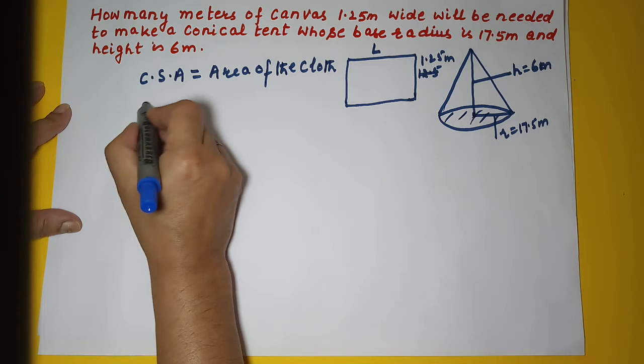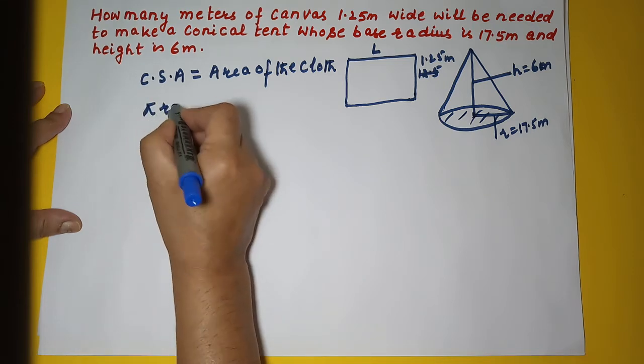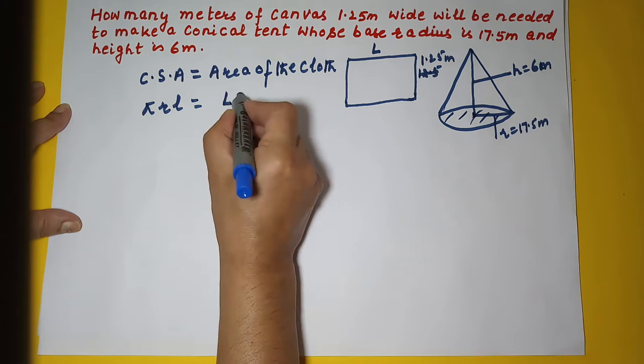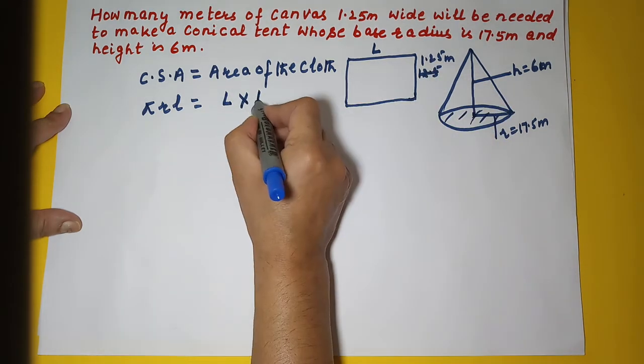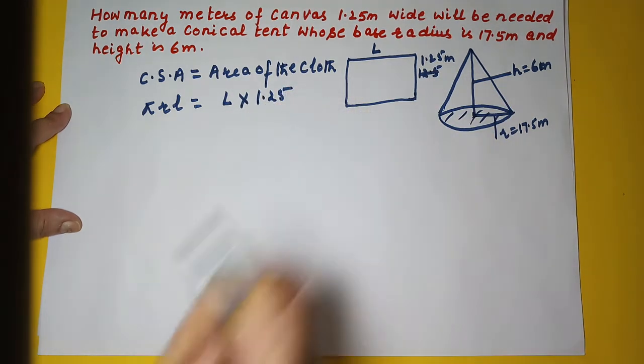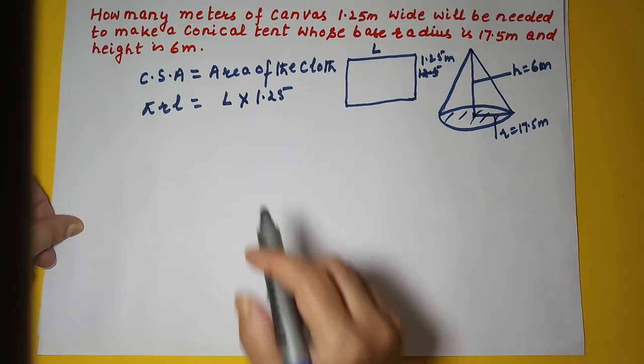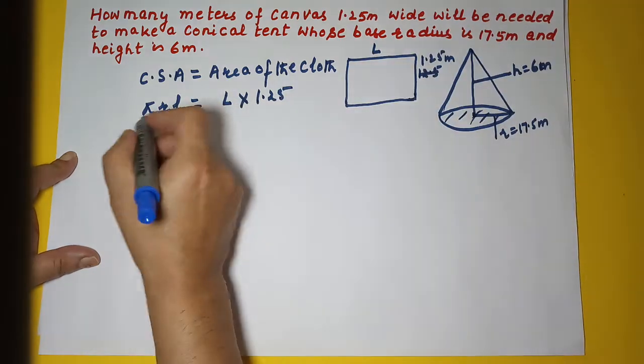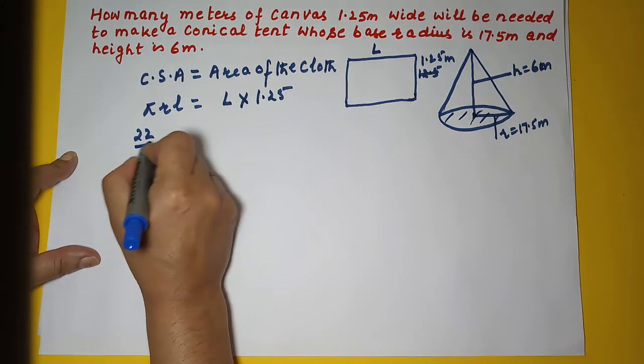Fine. Now our curved surface area is pi r L, which is equal to the area of the cloth, that is length into width of this cloth, 1.25, right? Now there is no mention of pi to be used as 3.14, so we are safe. We can use 22/7.